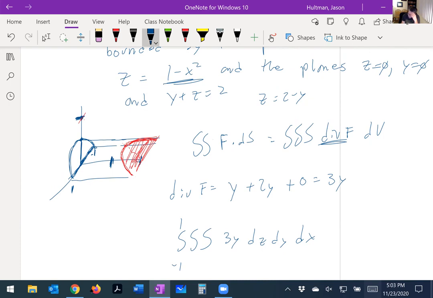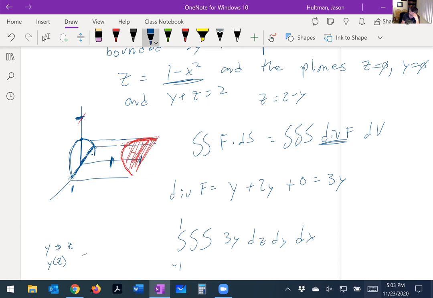I want y in terms of z, and then I want z in terms of x.